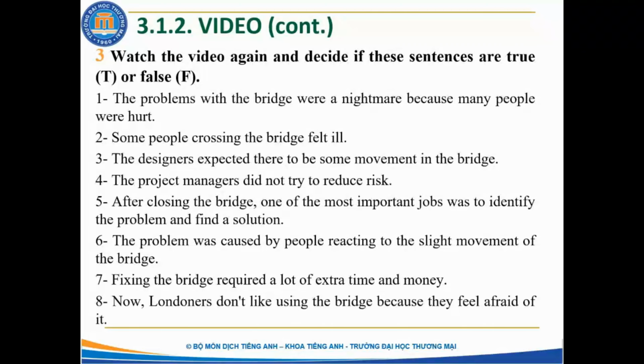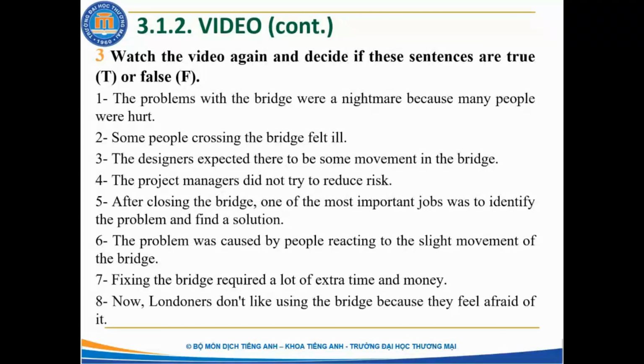1. The problems with the bridge were a nightmare because many people were hurt. 2. Some people crossing the bridge felt ill. 3. The designers expected there to be some movement in the bridge. 4. The project managers did not try to reduce risk. 5.